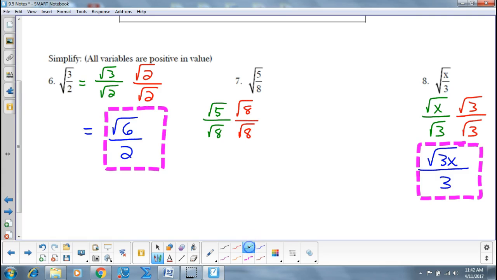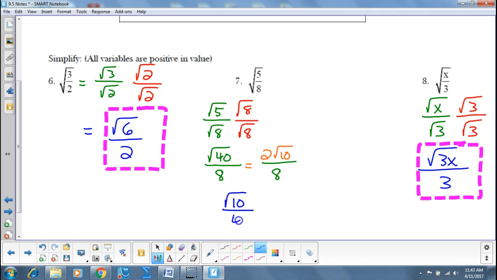And that got you the square root of 40 over 8. Yes? And then you said the square root of 40 is 2 times the square root of 10 over 8, which is the square root of 10 over 4.